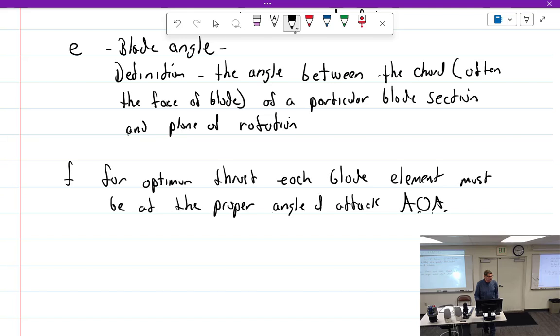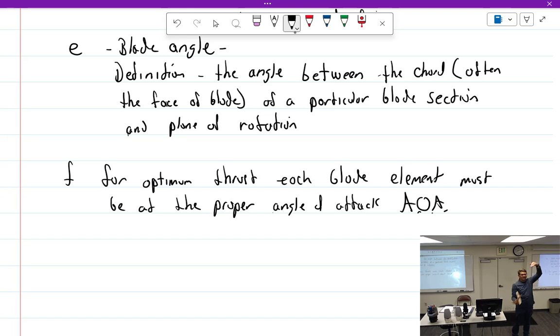So if I have a wing and I'm going like this, what's the angle of attack? Zero. Well, what if I don't have a little plane? Look, a little plane. So if the relative wind is right here, angle of attack would be zero. What if I'm doing this? 90 degrees?